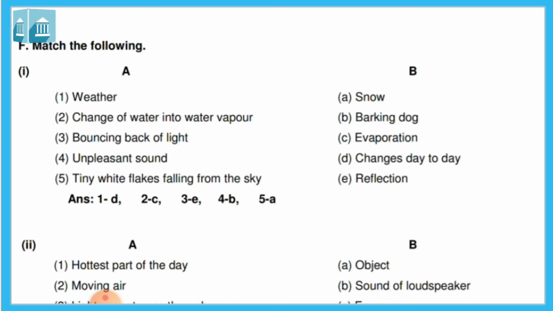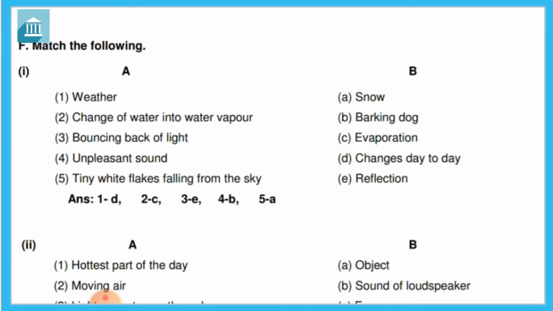Sometimes it is hotter, sometimes less heat, sometimes colder, sometimes monsoon. Changing of water into water vapor by heating is called evaporation. So the answer is C, evaporation.